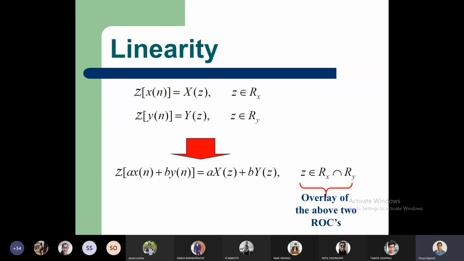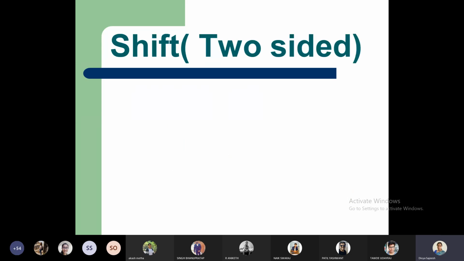If you apply the Z transform to such a signal, you will get a into X of z plus b into Y of z. That is the Z transform of the weighted sum of the signals, obtained independently.